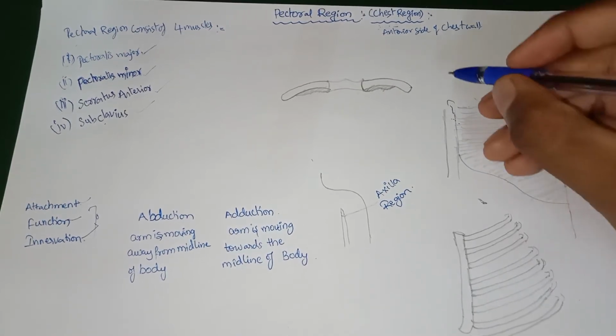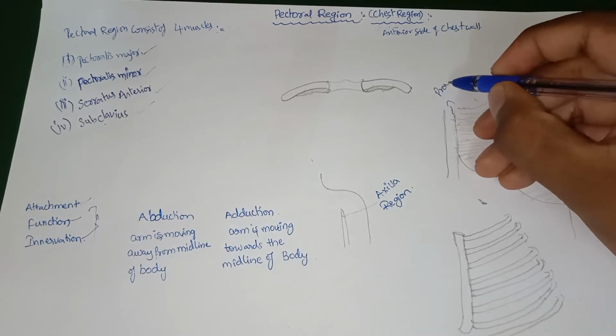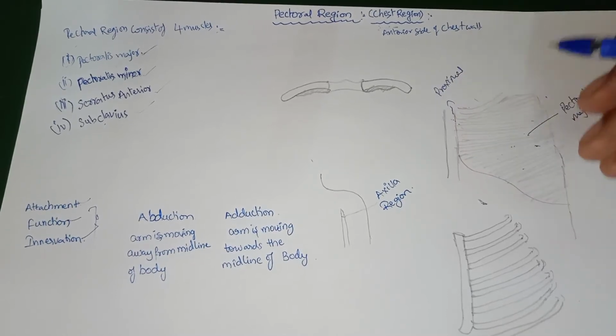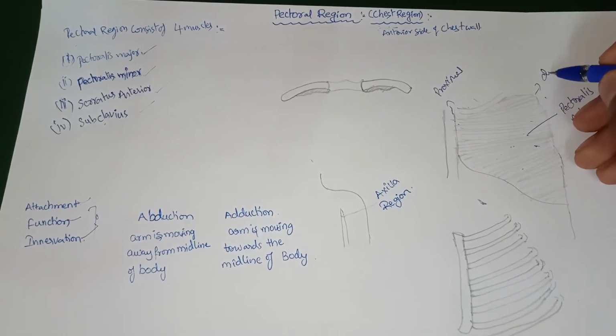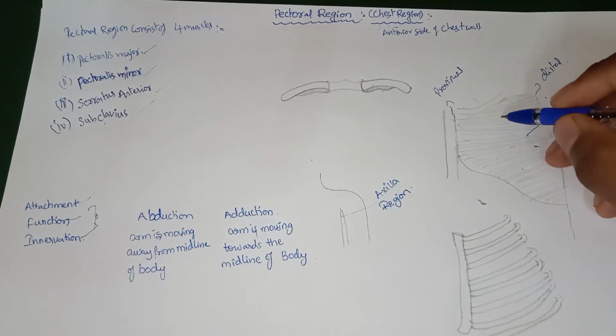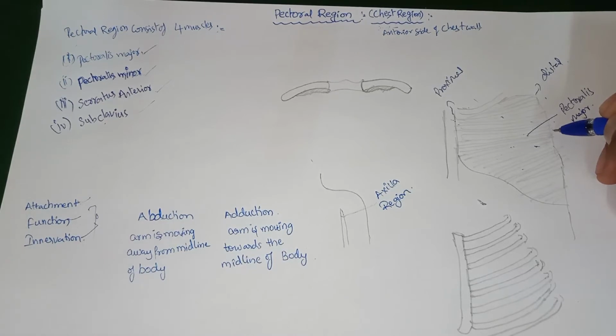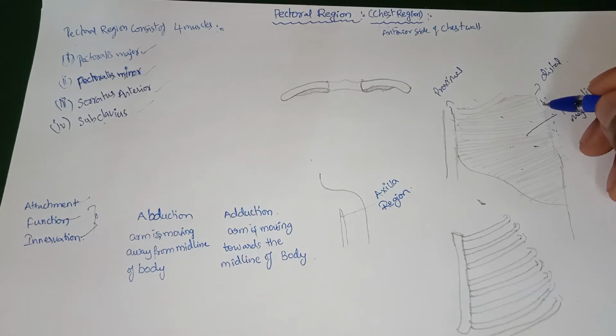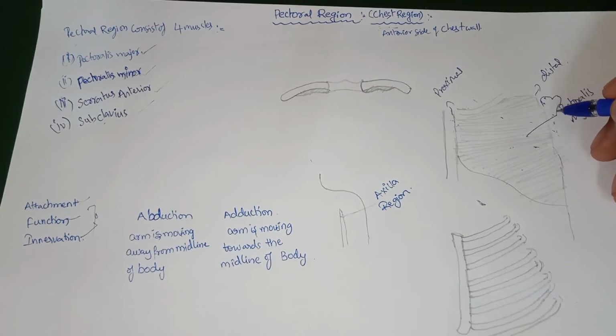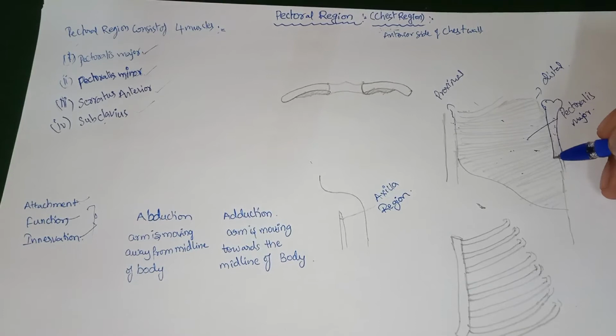The distal part of the pectoralis major muscle is attached to the intertubercular sulcus of the humerus bone. Here the humerus bone is present.